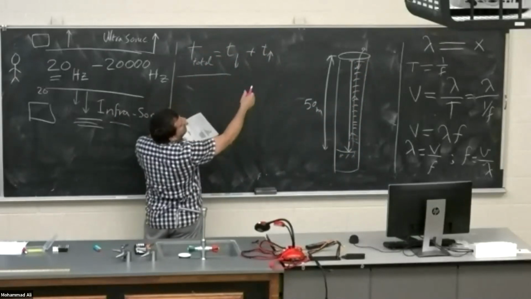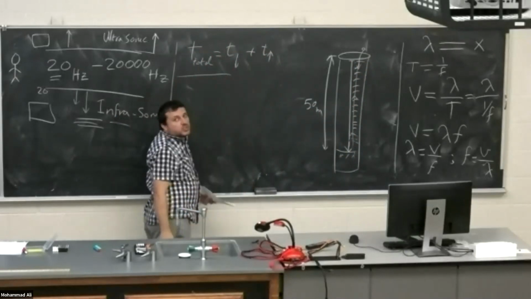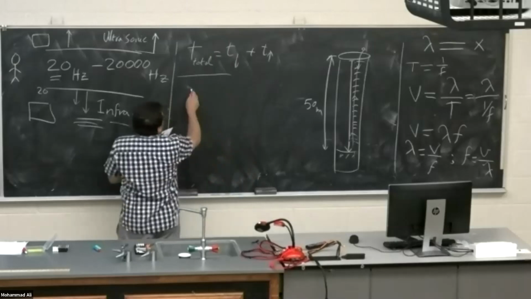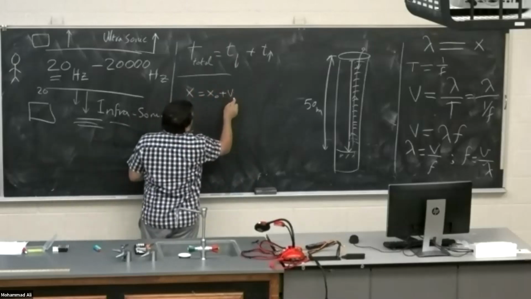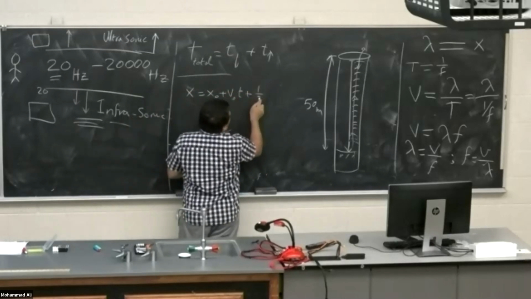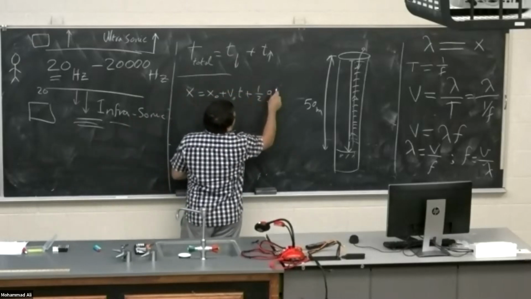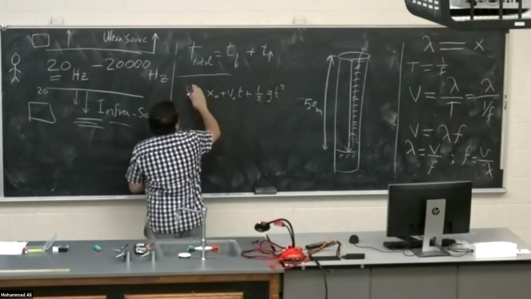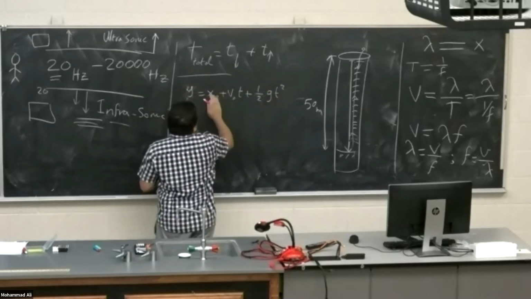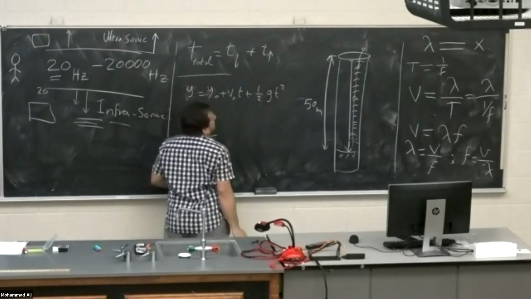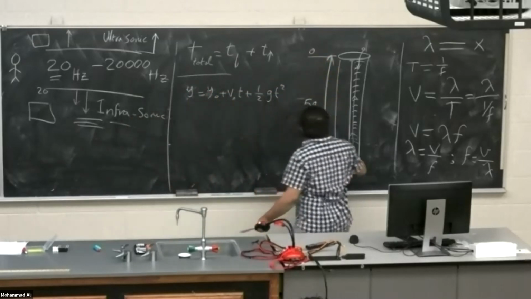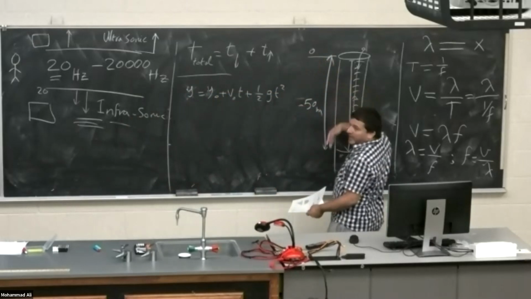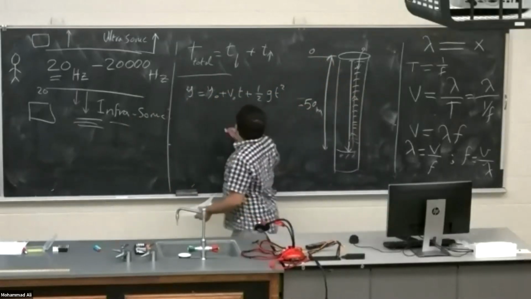How can we find the time required for the stone to reach the bottom? Simply, y equals y naught plus v naught t plus one half g t squared. We are in the y direction, so it is not x, it is y. If we assume this is the zero level, then this is negative 50, right? y naught is 0.